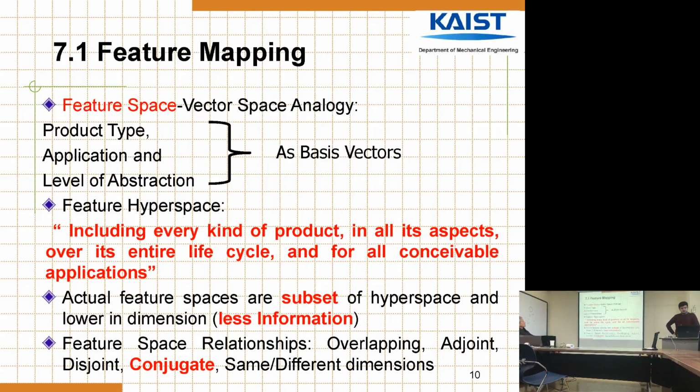And then, as we know, the spaces individually and together can have different relations. Today's discussion about the feature classes and feature techniques is taking the conjugate space, which I will define in the next slide. So whatever I introduce in the later lecture is considering the conjugate space of the feature hyperspace.